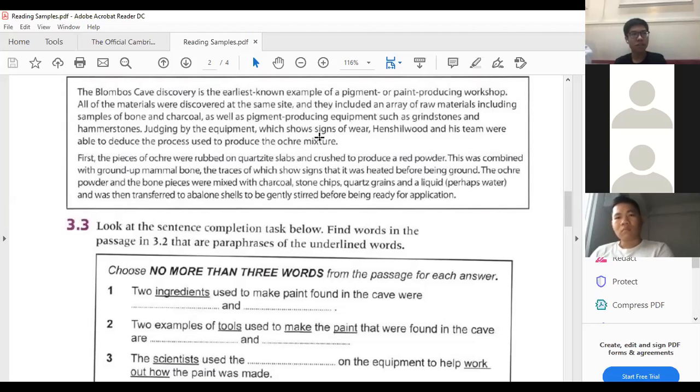So what did they use to work out how paint was made? From here to here. We know Wood and his team means scientists. We know that. And we know deduce means work out. And the rest of the sentence is the same. Work out how the paint was made.